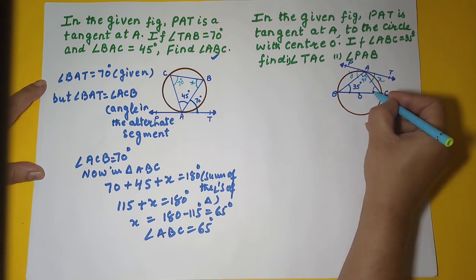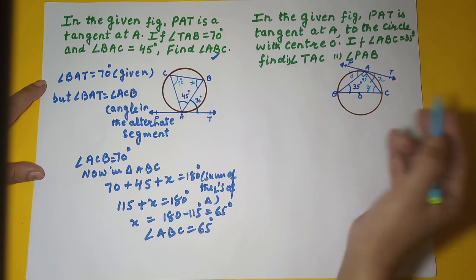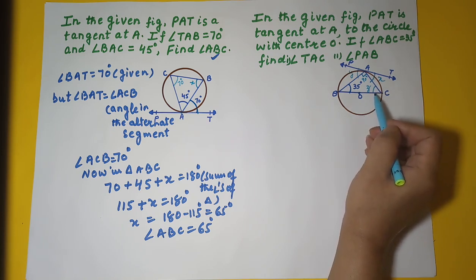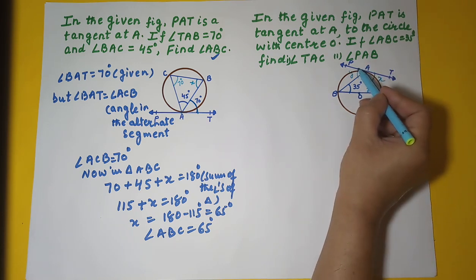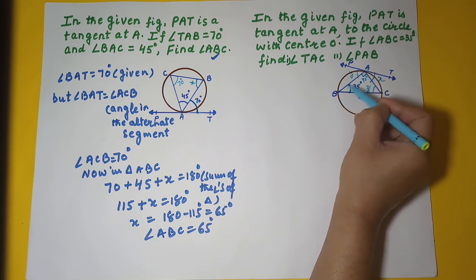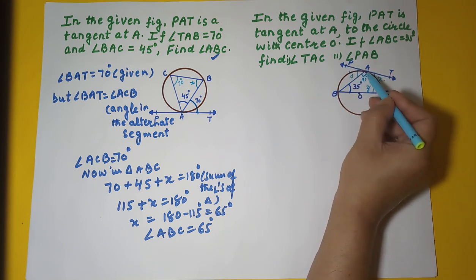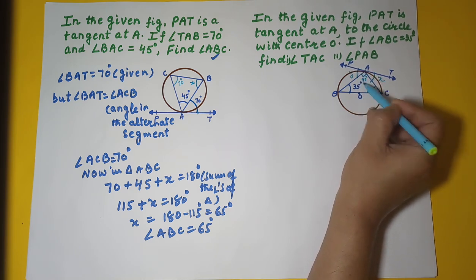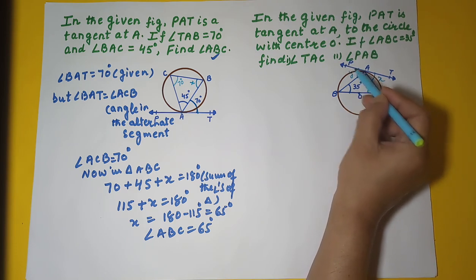Now we can calculate this angle. Let's name this as Z. Triangle sum property, we can calculate this angle. So we will get Z. Now look at this angle Y. So this is made by the chord AB and the tangent PT through the point of contact. So angle Y will be equal to angle Z, angle in the alternate segment.